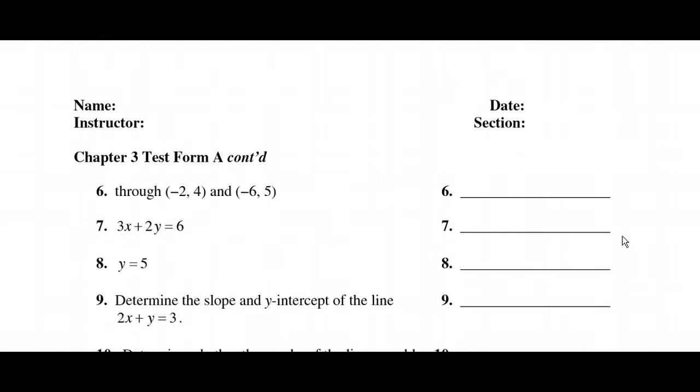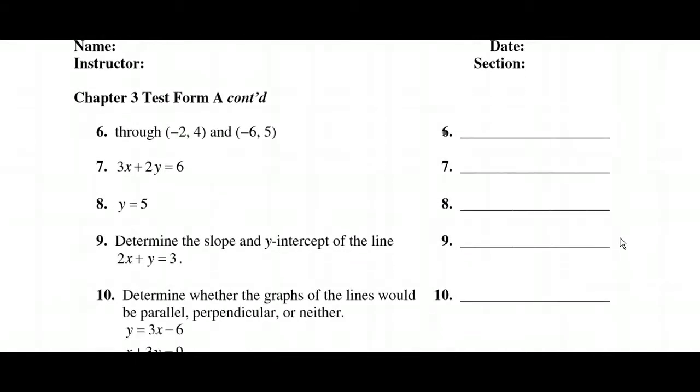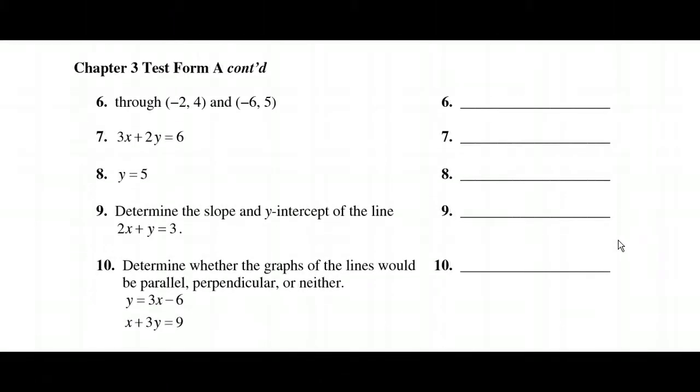Okay, we're asked to, again, find the slope for all of these. And for number 6, we have to use the slope formula. Y sub 2, which is 5, minus y sub 1, which is 4, over x sub 2, which is negative 6, minus a negative 2.